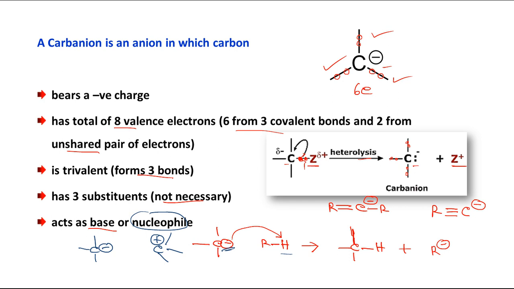Not necessarily a positive charge, but if it is attacking any electron deficient atom, mostly I will use carbon here because we are talking about organic chemistry, and whenever there is attack by a nucleophile, it is mostly over carbon. So when the negative charge over carbon is attacking an electron deficient carbon, then you call it a nucleophile. That is the difference between base and nucleophile, but it can act as both.